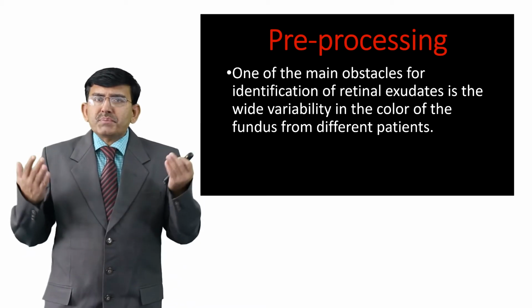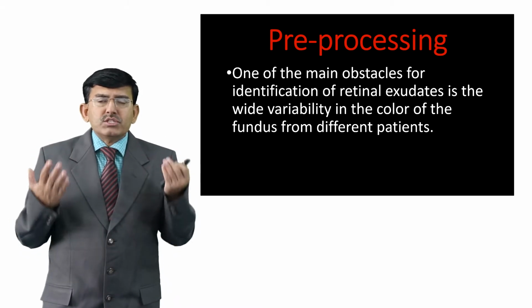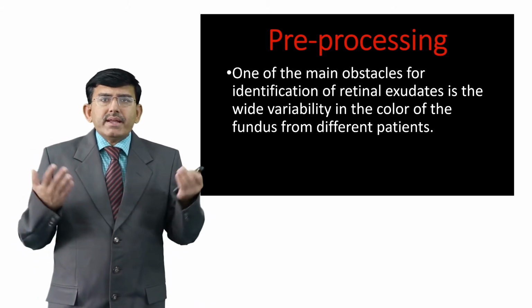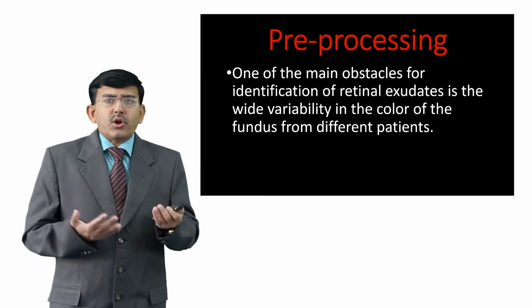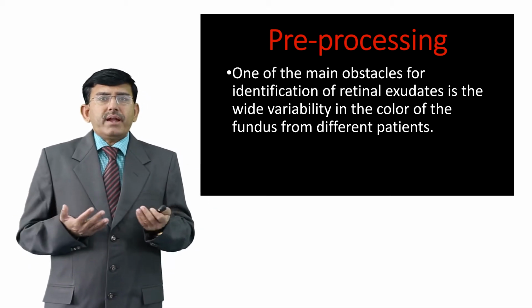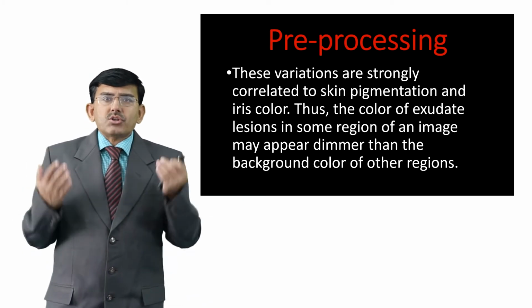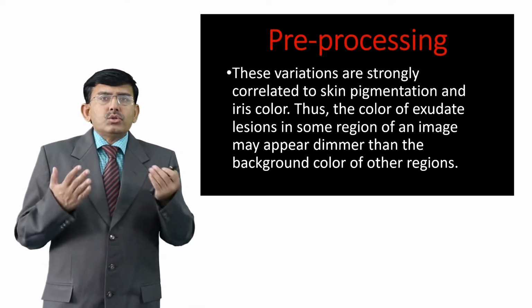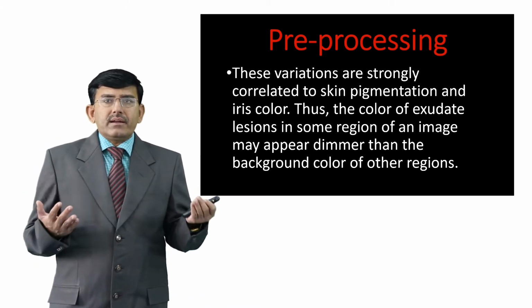One of the main obstacles for identification of retinal exudates is the wide variability in the color of the fundus from different patients, and this was the major constraint they faced. This variation was strongly correlated to skin pigmentation and iris color.